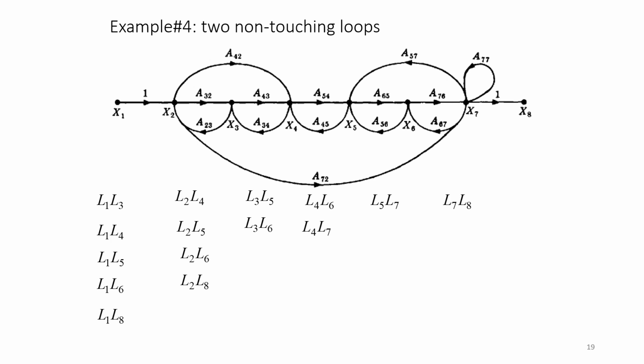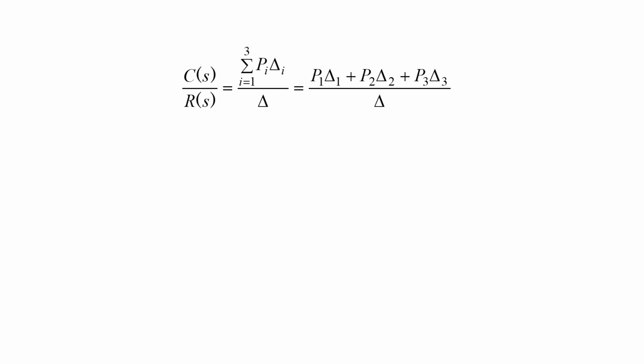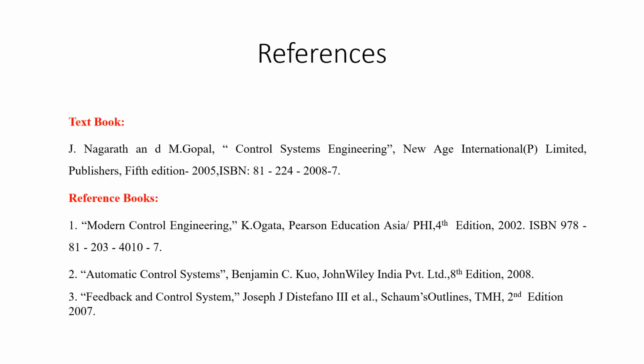So these are the two non-touching loops we have. And similarly, you have three non-touching loops also, where you will be taking the product. And finally, your C of S by R of S is taken as P1 delta 1 plus P2 delta 2 plus P3 delta 3 divided by delta.